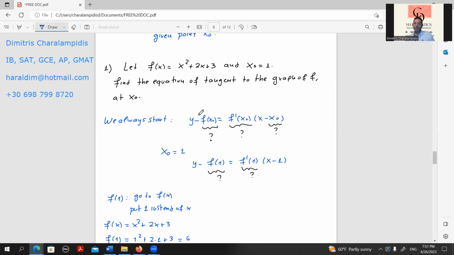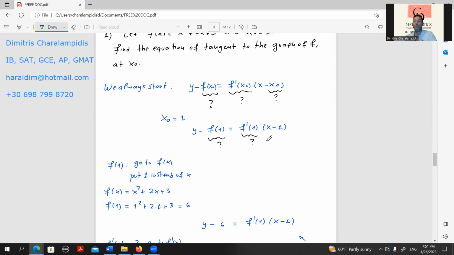Every equation of tangent should look like that: y minus f of x0 equals f prime of x0 times x minus x0. From the beginning, you should keep in mind that we need three things: to find the value of x0, the value of f of x0, and the value of f prime of x0, the derivative of f at x0. Starting from the easiest to the hardest, we begin with x0.